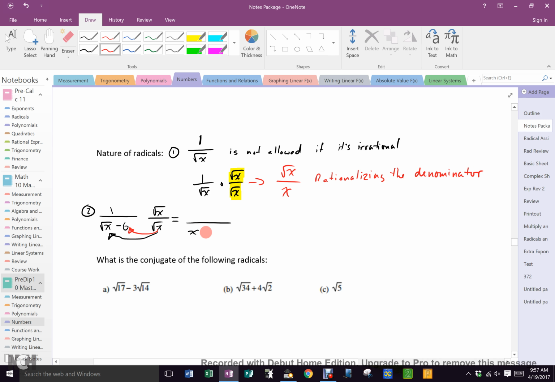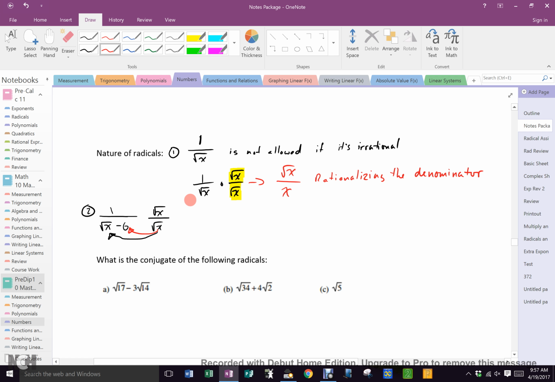So what I would get is this, minus 6 root x, wouldn't it? Now, if I want to get rid of that root x, what do I got to do? I have to multiply by root x, wouldn't I? That would put a root x back in here, wouldn't it? Right? So I'm in trouble here.